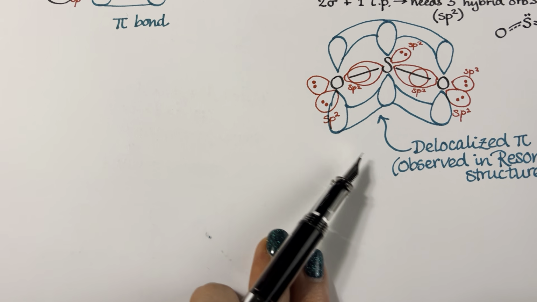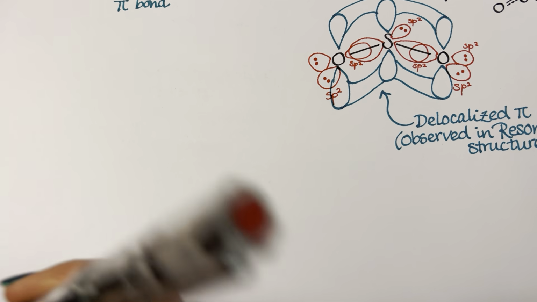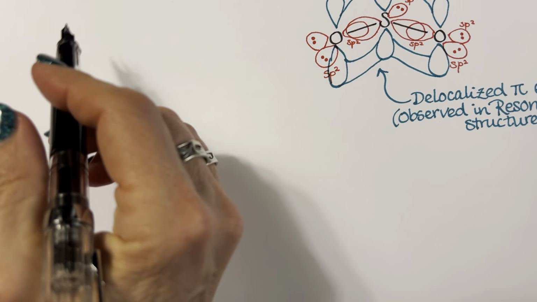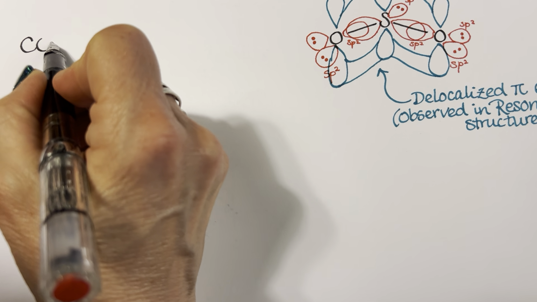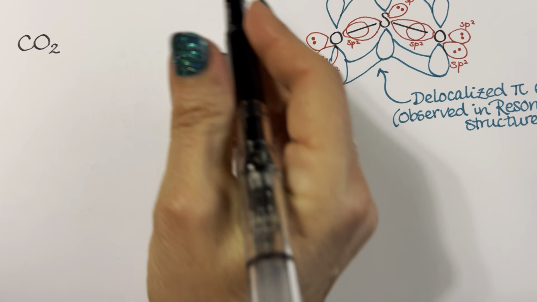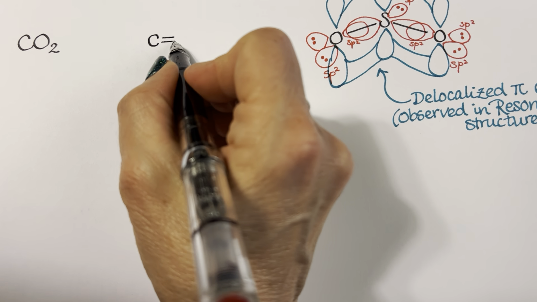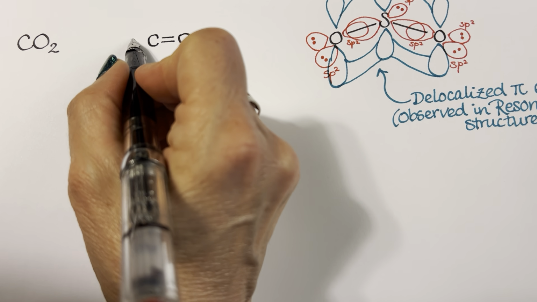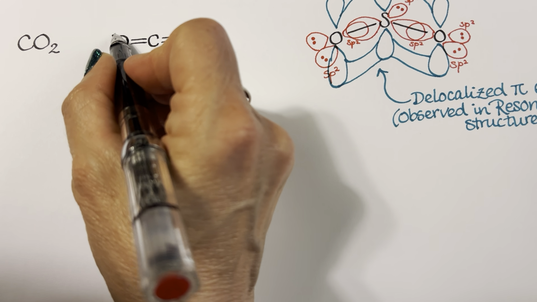All right, one more example, and we are going to do carbon dioxide, okay? So with carbon dioxide, we are going to look at carbon as our central atom. So we've got carbon flanked on either side by oxygens.